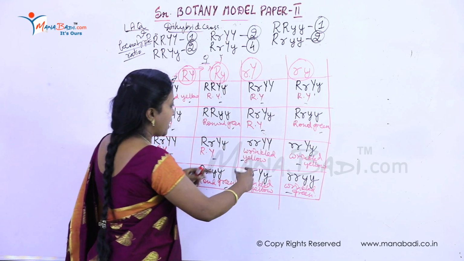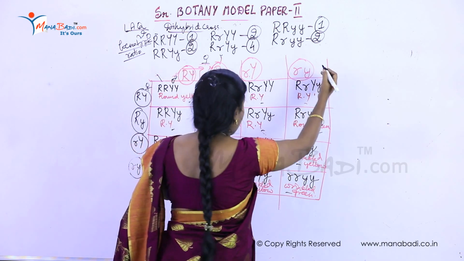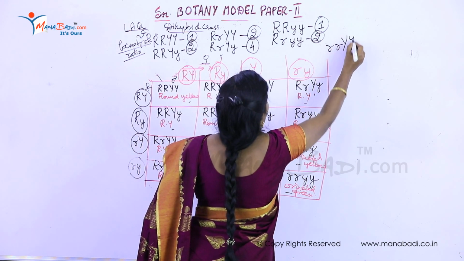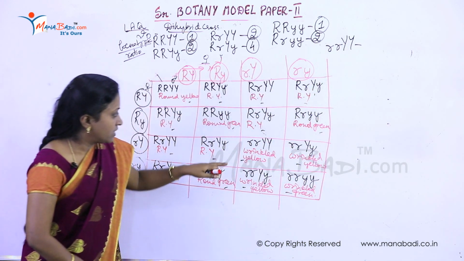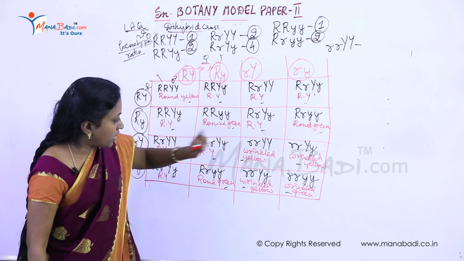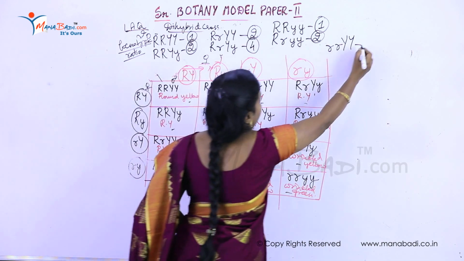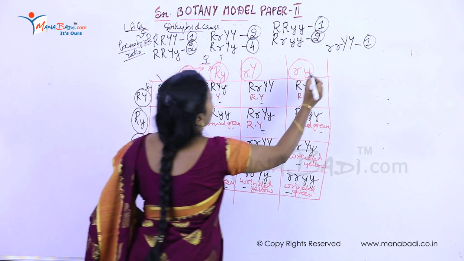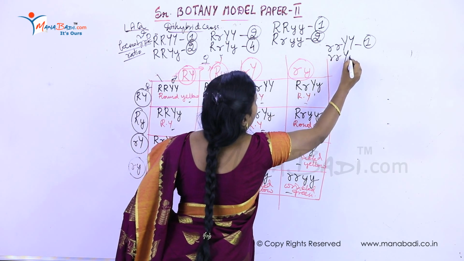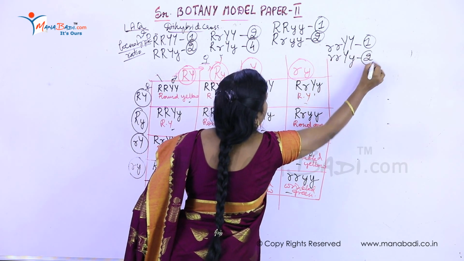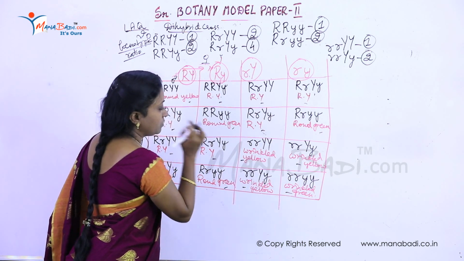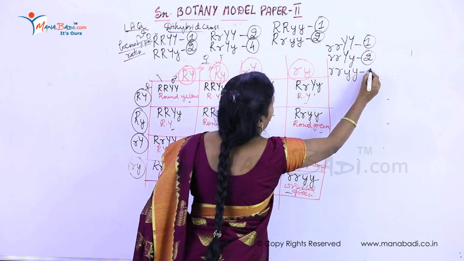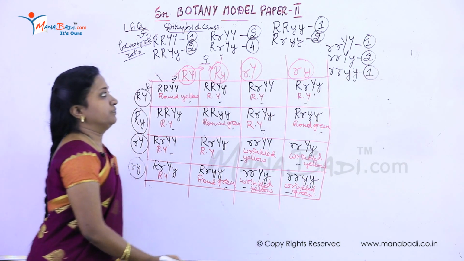Now coming to the other genotypes, that is small r, capital Y, capital Y. Only 1 is there. Then small r, capital Y, small y. How many are there? 2. Then small r, small y, small y. How many are there? 1.